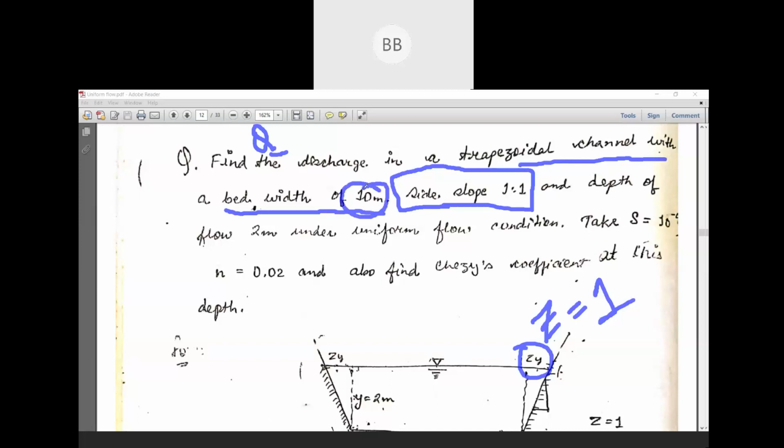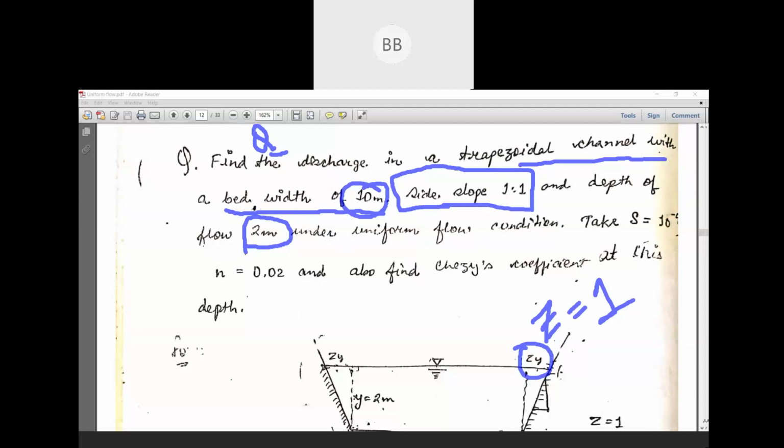You do not need to write the whole numerical, okay. You directly just write the given data. That is what you need to find out, that is discharge. Discharge is question mark. Then it's given trapezoidal channel. Width of the channel is 10 meter. Side slope is 1:1. Depth of flow is 2 meter.